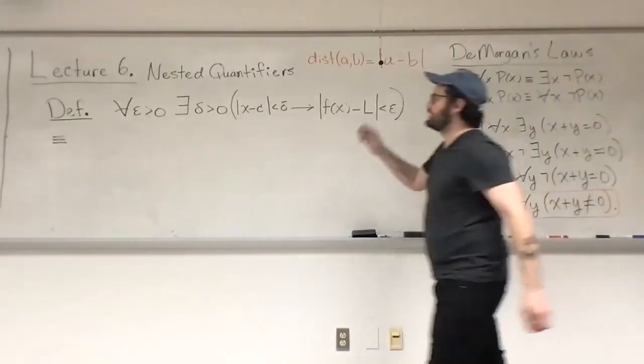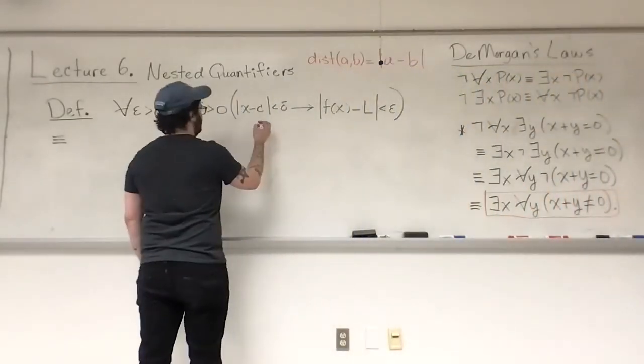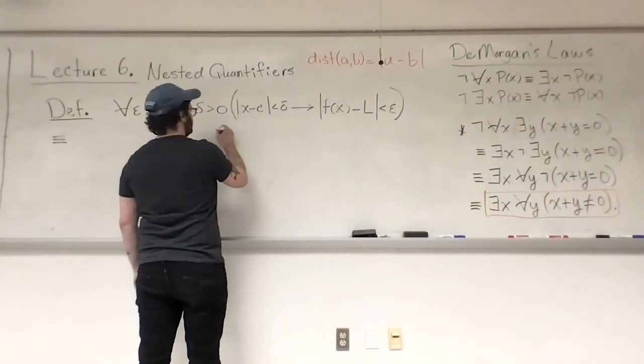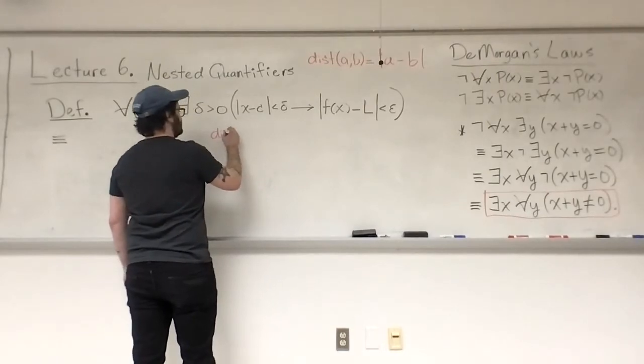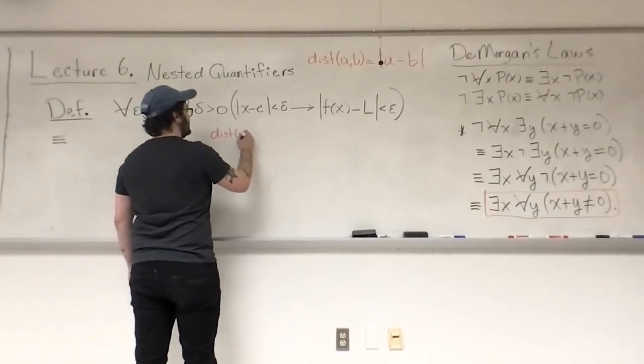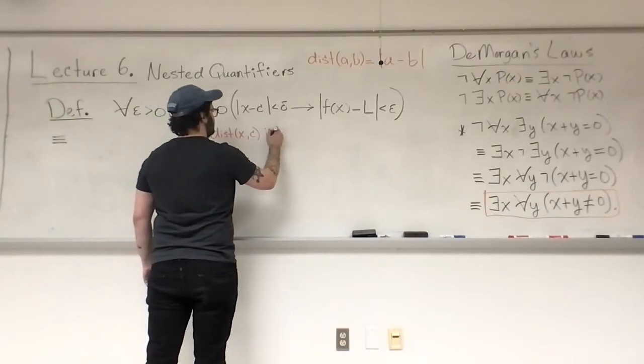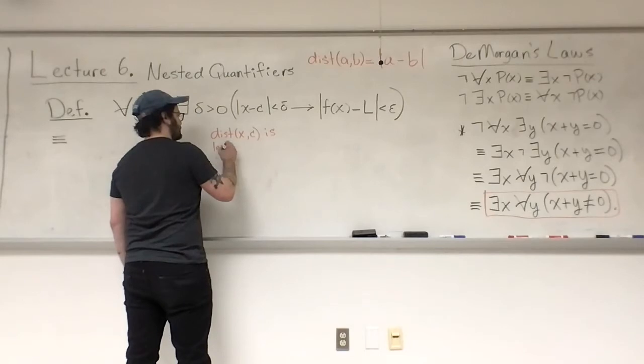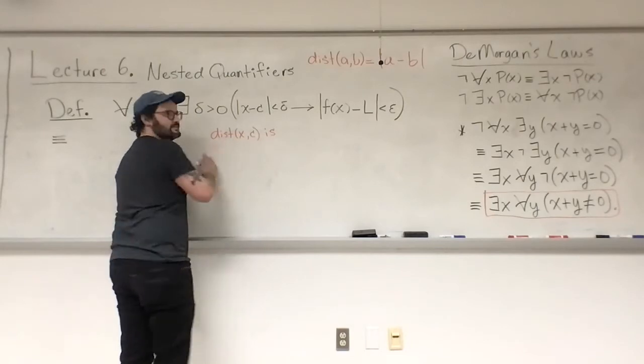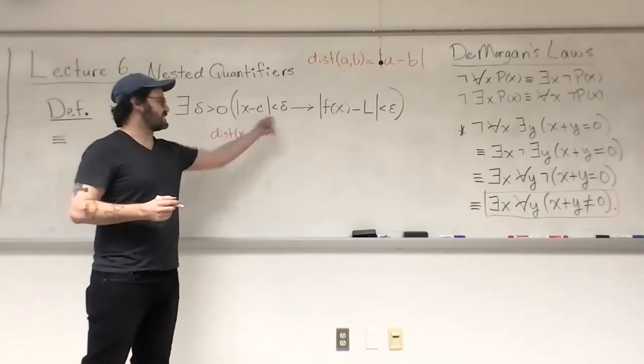So let's now reword this. This is the distance between x and c is, I'll say, at most delta. At most means it's less than, right?